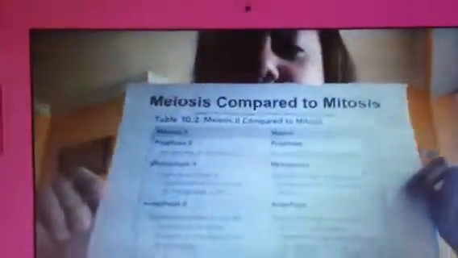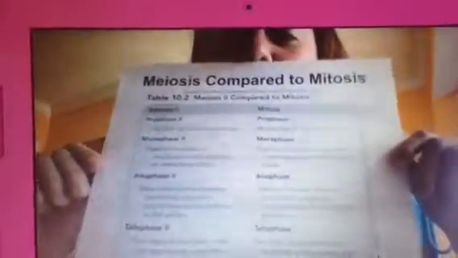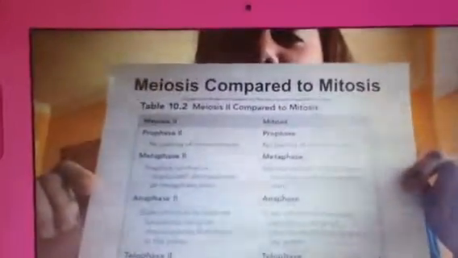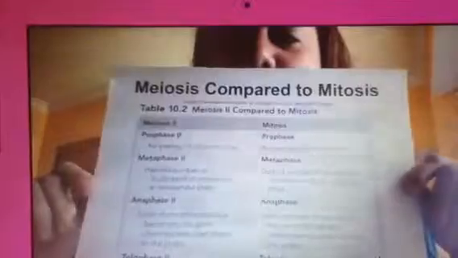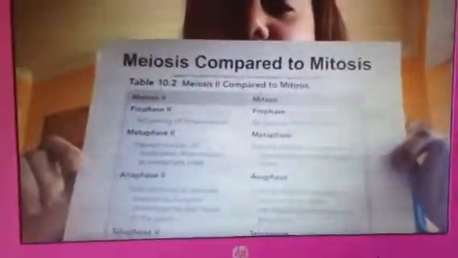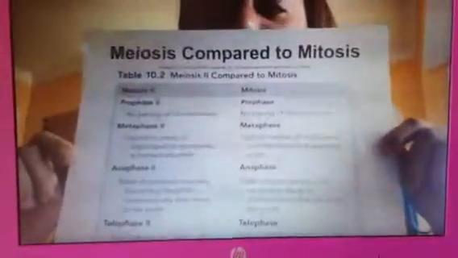So basically, I think that's all we need to know about meiosis. When you compare them together, they have this nice little chart here, which was pretty cool for telling apart the two different phases, meiosis and mitosis, and then that's meiosis 2.